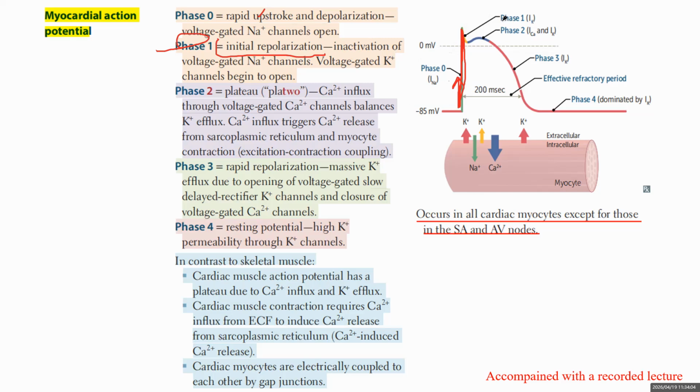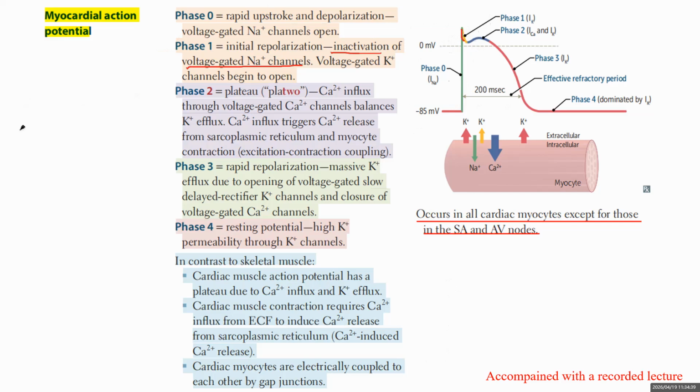In phase 1, we observe a very small downward notch, in this yellowish part. Why is that happening? Because the fast sodium channels start to get inactivated. Inactivation of the voltage gated sodium channels happens, and the rapid inward sodium current stops, so the influx stops and the curve goes a little bit downward. At the same time, there is a brief outward movement of potassium too.